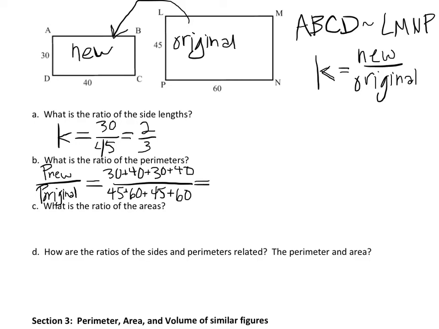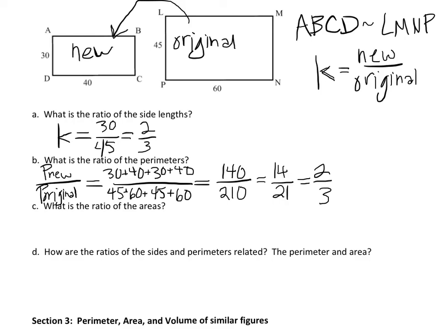And if I add those up, I get 140 over 210. And I can divide both of those by 10, so I have 14 over 21. And then those actually both can be divided easily to be 2 over 3. So that is the ratio of the perimeters, which we see is the same as my scale factor of the side lengths. It doesn't change.